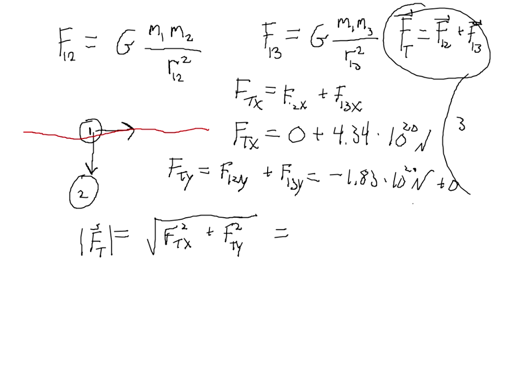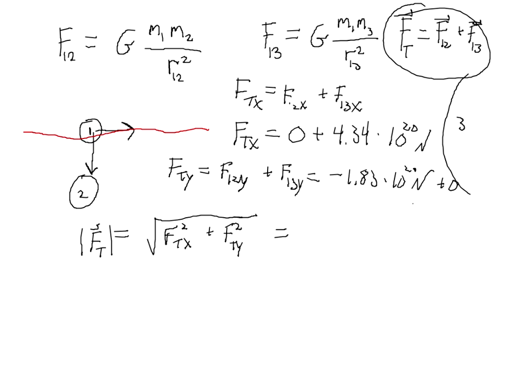Okay, so that's equal to the square root of 4.34 times 10 to the 20 squared plus 1.83 times 10 to the 20 squared. So that's 22.18 times 10 to the 20.